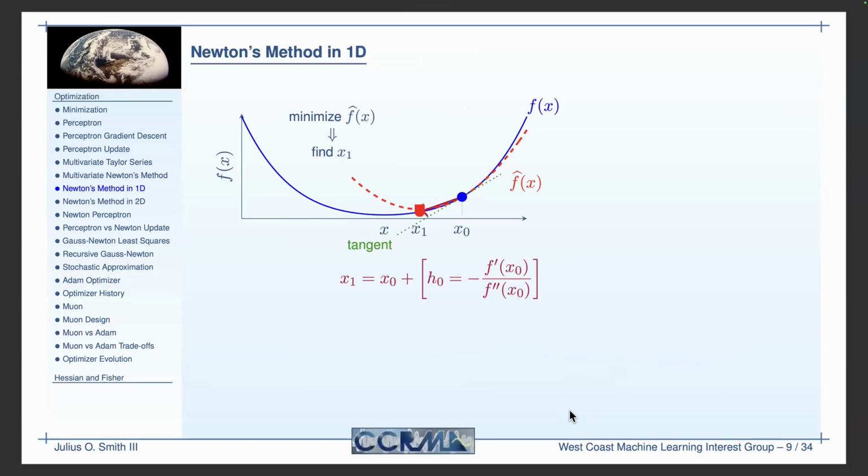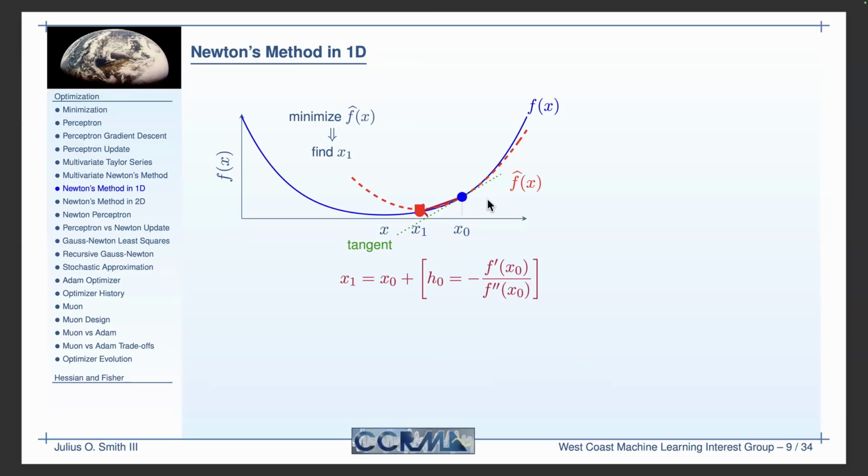So here's a graphic for that. So we're at x0, and so the linear approximation looks like this, and then the red dashed line is the locally parabolic approximation. And so our Newton step takes us from this blue dot down to the red dot, and we use the slope of this green dotted line, which is the tangent slope here, and then we also have the curvature there that we use to find this actual step.